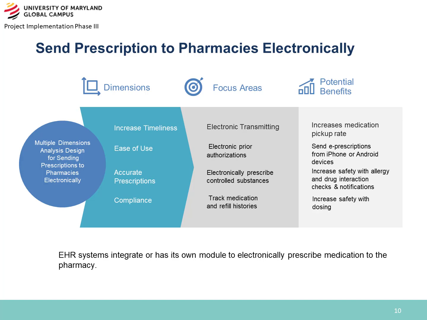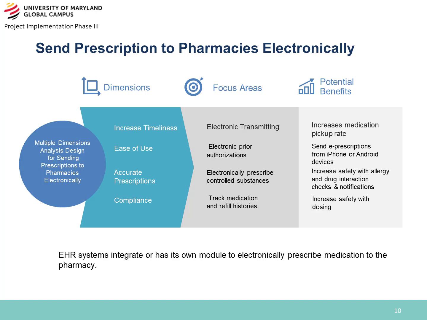The other dimension to look at is accurate prescriptions. The focus area is electronically prescribing controlled substances, and the benefit is increased safety with allergy and drug interaction checks and notifications.